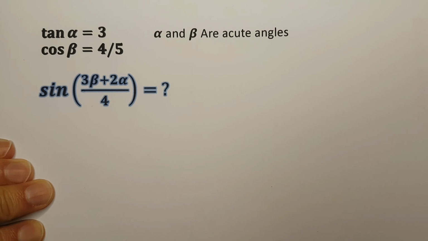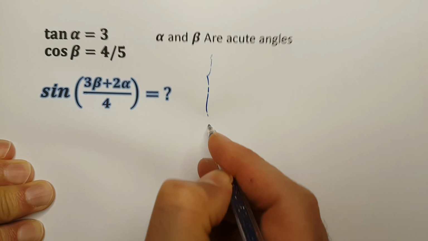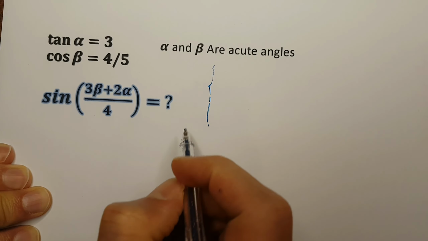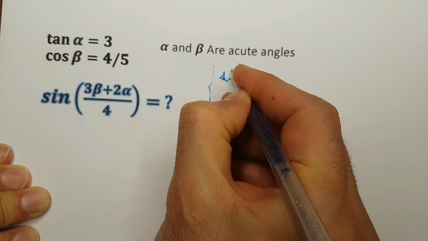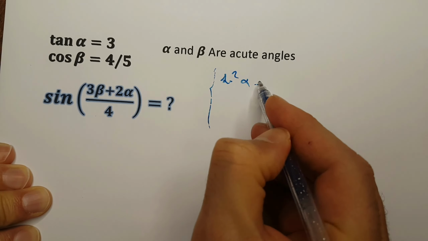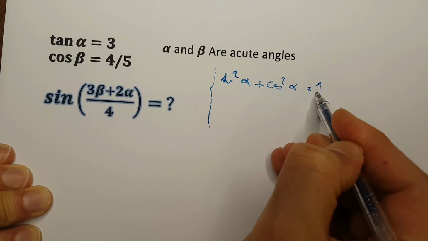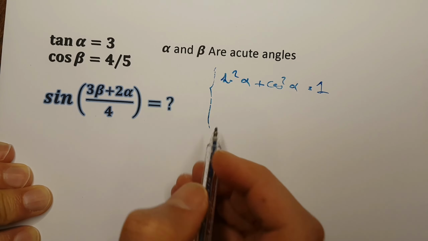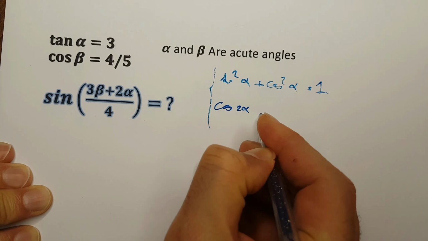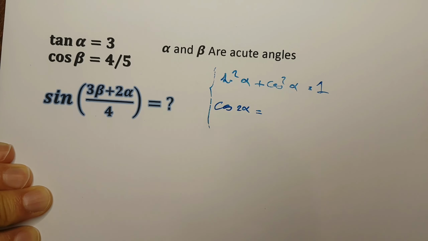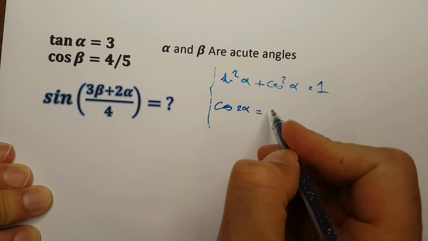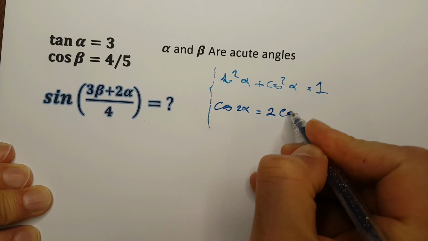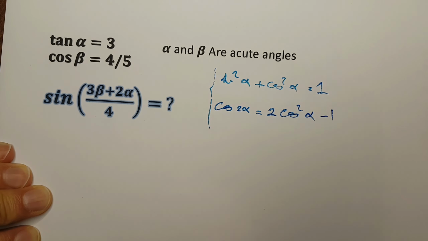So before starting with everything, let's go through a few trigonometric relations. We always know that sine squared of alpha plus cosine squared of alpha will always be 1. Then cosine of 2 alpha can be written in terms of cosine squared of alpha such that it equals 2 times cosine squared of alpha minus 1.